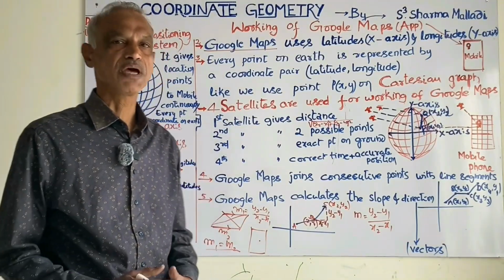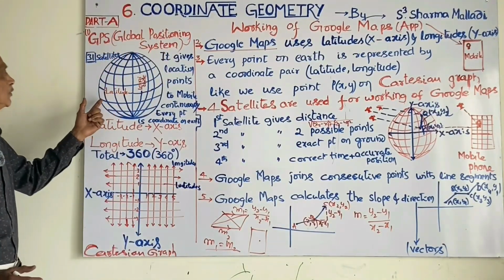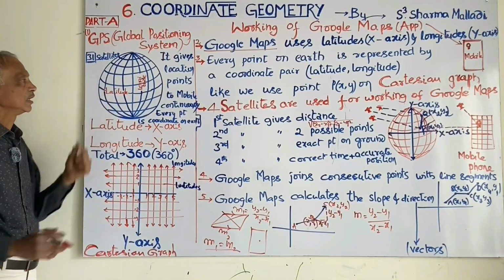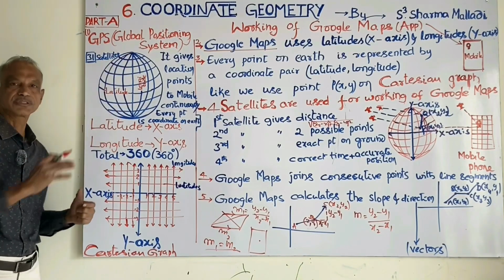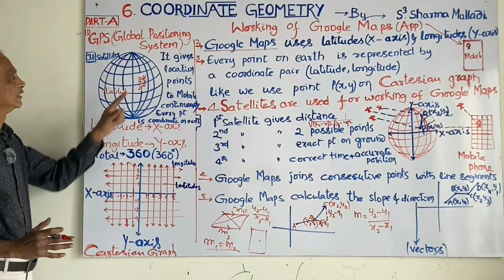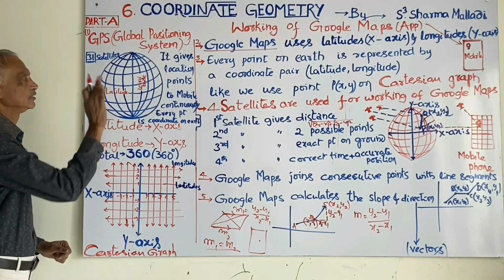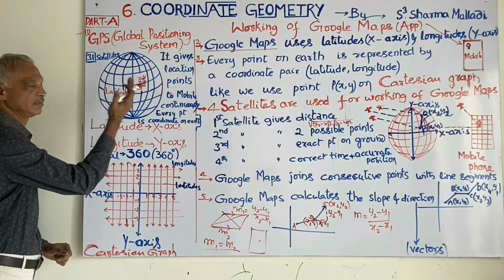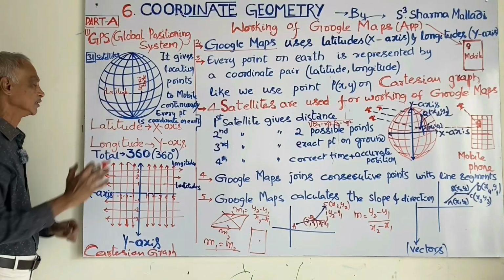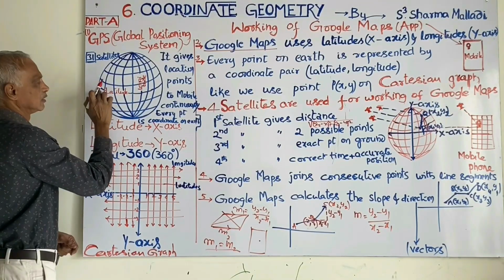GPS and Google Maps depend on longitudes and latitudes. Longitudes and latitudes are imaginary lines. Longitudes are 180 this side, 180 that side, 180 plus 180, 360.